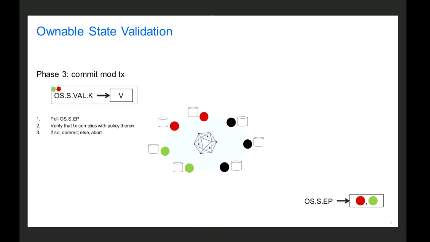So it's both the creation plus phase 2 and phase 3, actually modification. So this applies also to later changes to this ownable state.